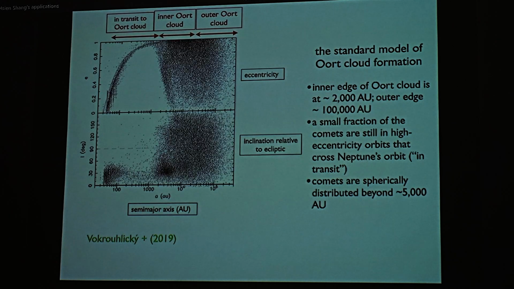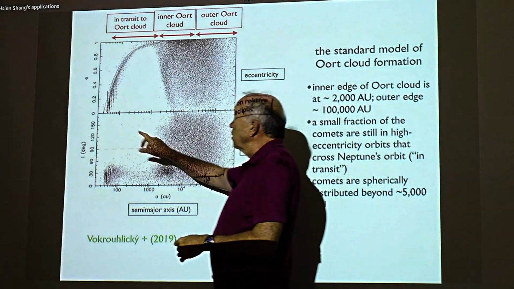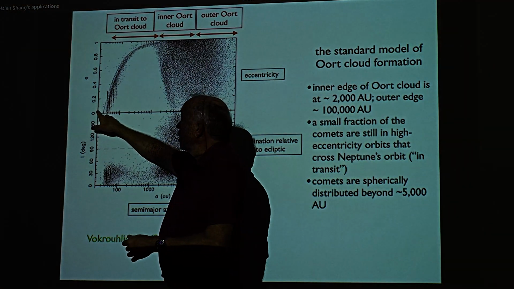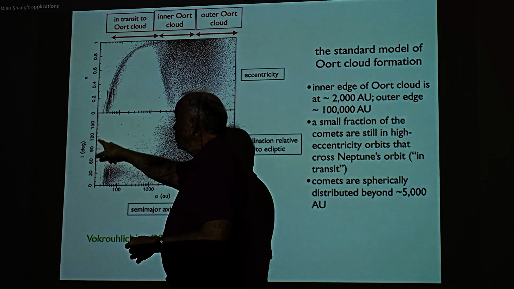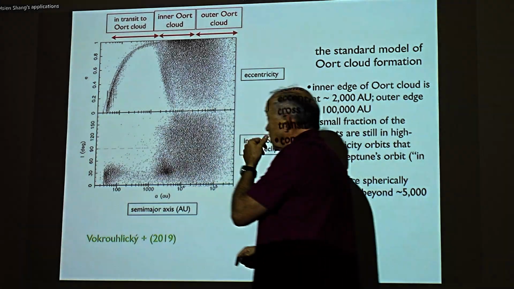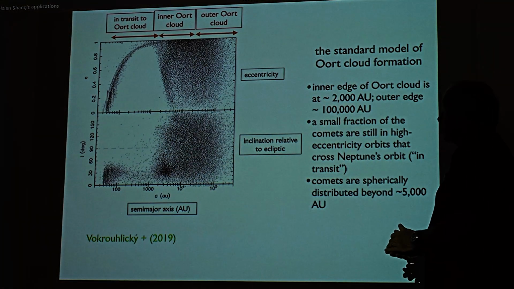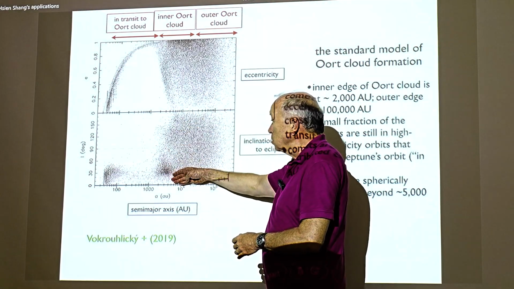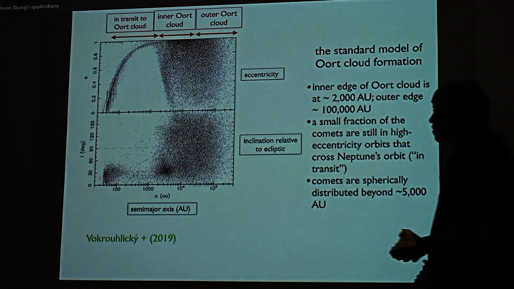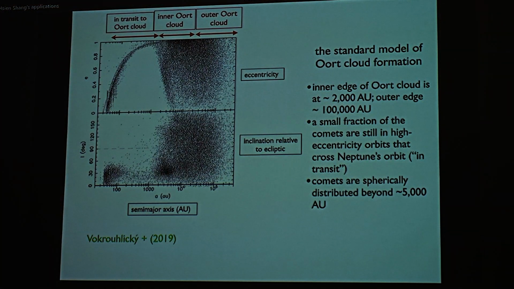This is an independent calculation done a few years later. In this case, the paper is plotting the eccentricity versus semi-major axis, and the inclination versus semi-major axis. You can see that the comet cloud is roughly isotropically distributed once you get outside about 5,000 astronomical units.